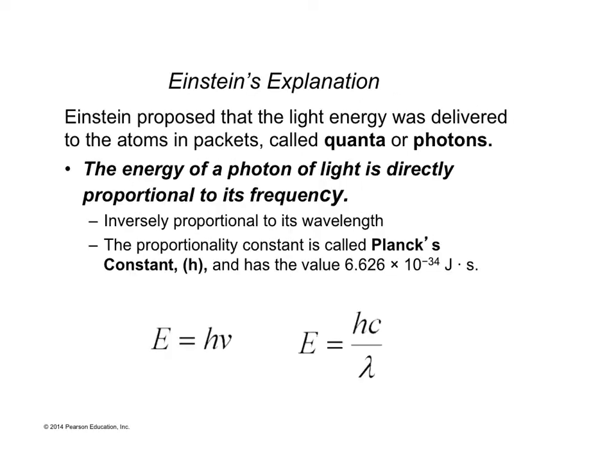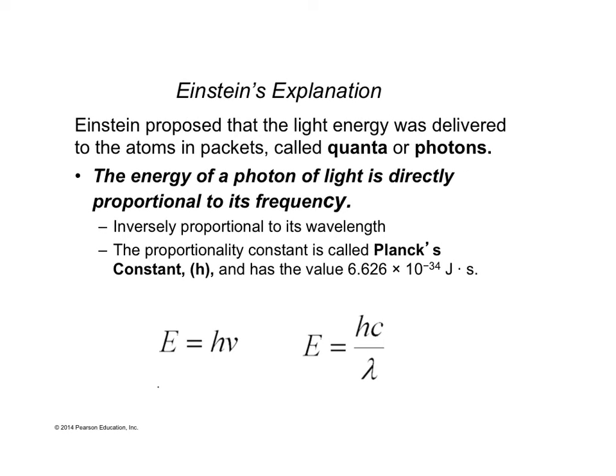All right, so this really couldn't be explained by the classical idea of light being strictly a wave. Albert Einstein was the first to propose that maybe light had particle-like properties. So it's a wave, but maybe some parts of it have a little bit of a particle-like nature.